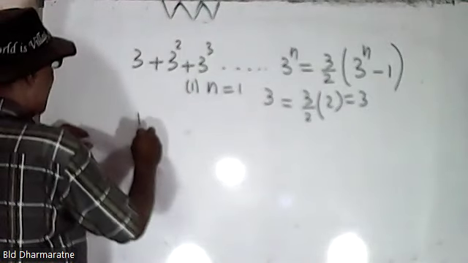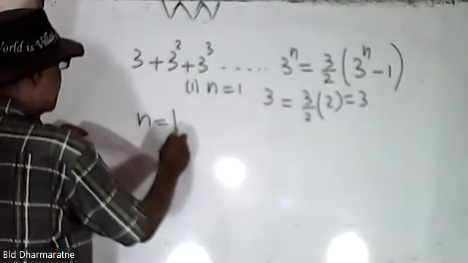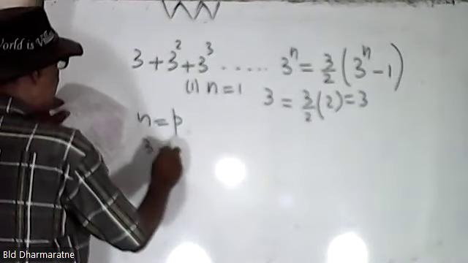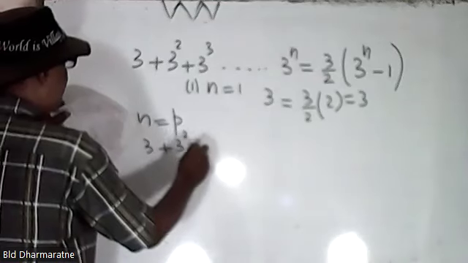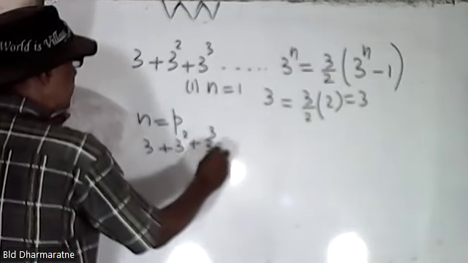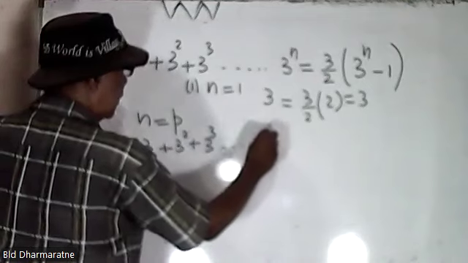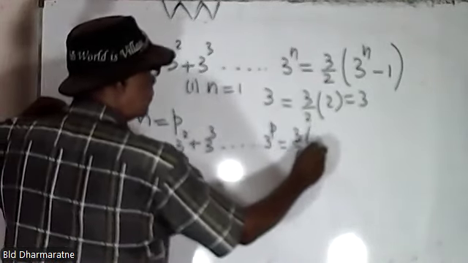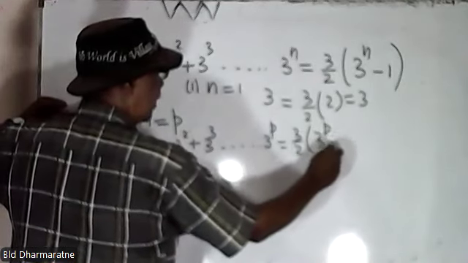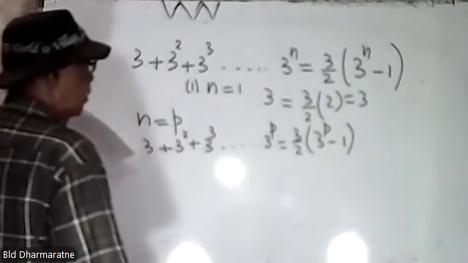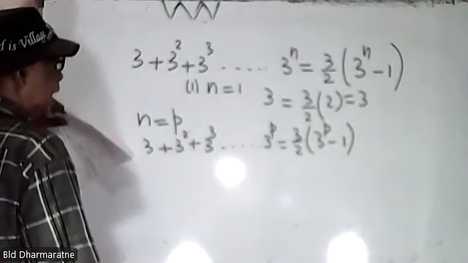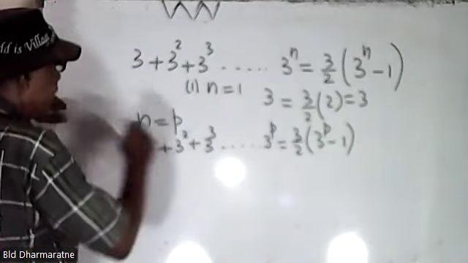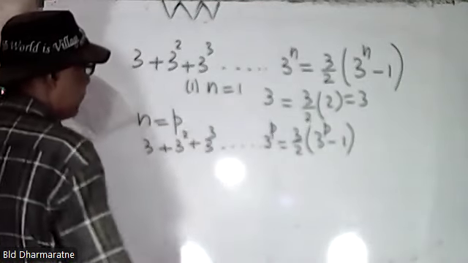Now n equals p, assume that the result is true: 3 plus 3 squared plus 3 cubed, up to 3^p, equals 3/2 (3^p minus 1). We assume that this is correct.